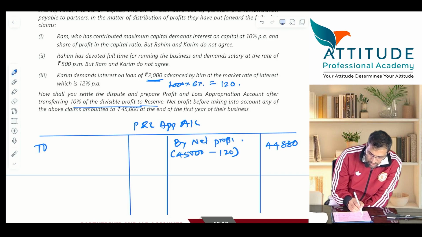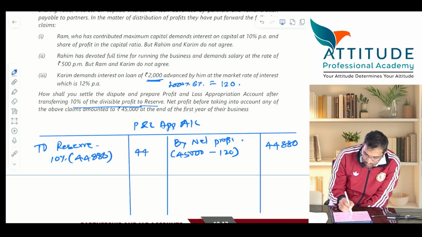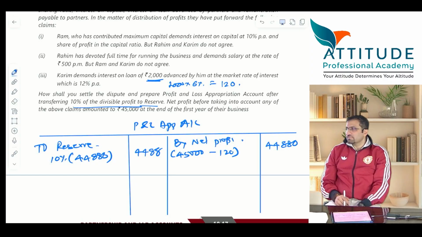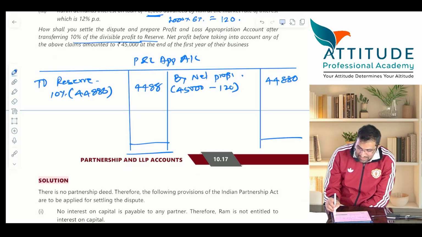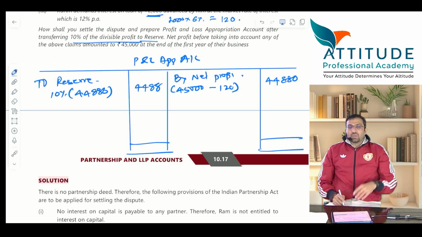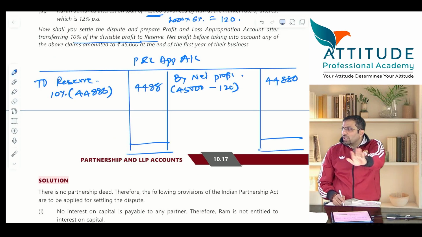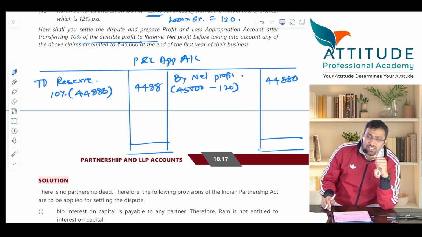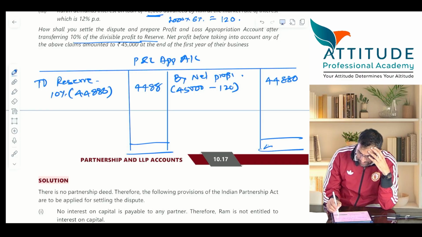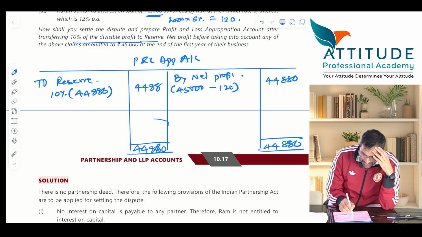So to reserves, 10% of divisible profits. 10% of 44,880 कितना? 4,488. हो गया. बाकी किसी को कुछ नहीं मिलेगा. नो इंटरेस्ट ऑन कैपिटल, नो सैलरी, नो कमीशन, नो बोनस, नथिंग. डायरेक्टली शेयरिंग ऑफ प्रॉफिट्स. नाउ प्रॉफिट शुड बी शेयर्ड इन विच रेशियो? हाँ, इक्वल. देखो, 44,880 माइनस करो, बचा कितना प्रॉफिट? टेल मी फास्ट.